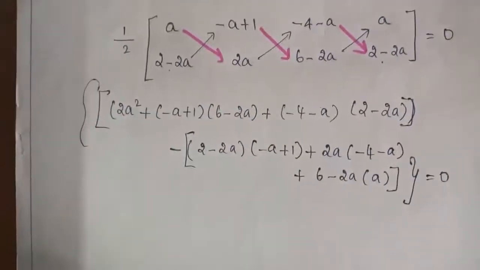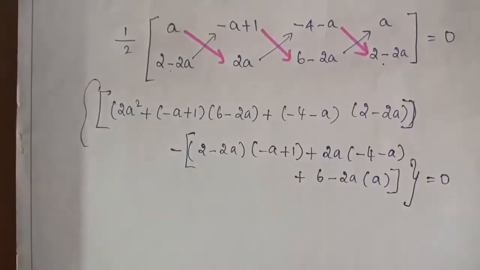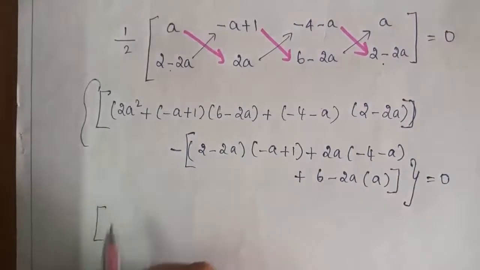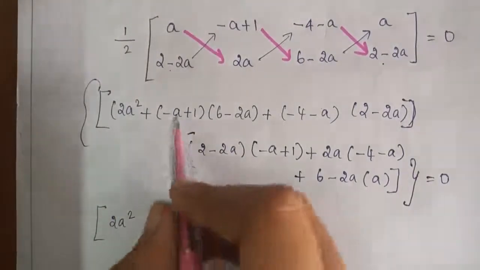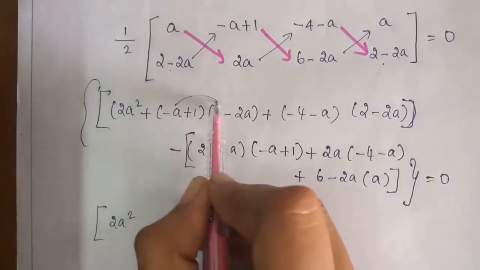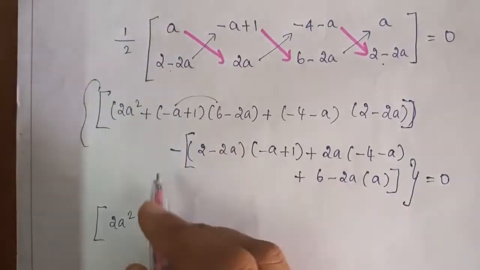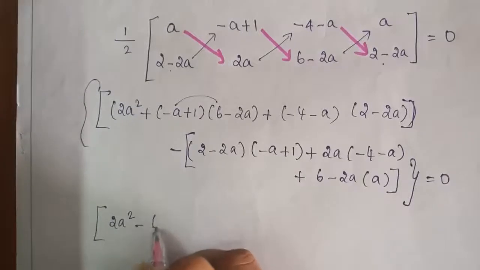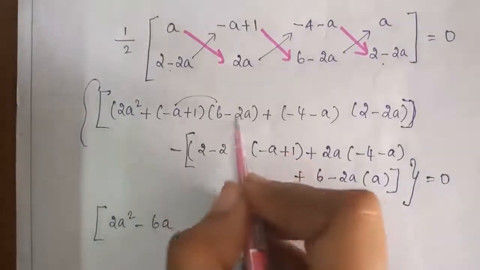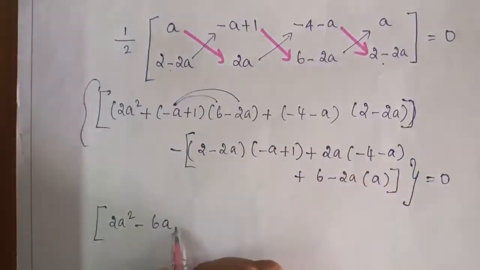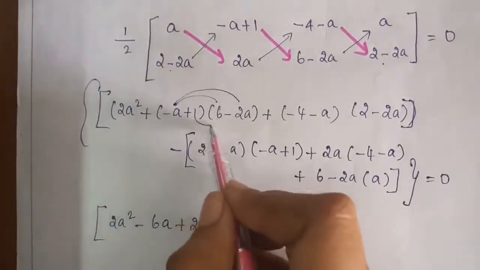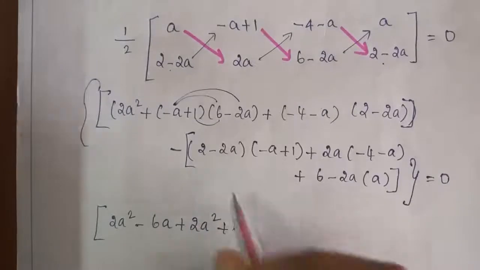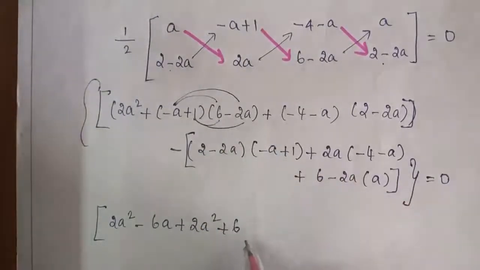So the next step is you have to do the multiplication. 2a square, plus minus a into 6 is nothing but minus 6a. Minus a into minus 2a is plus 2a square. 1 into 6 is 6. 1 into minus 2a is minus 2a.